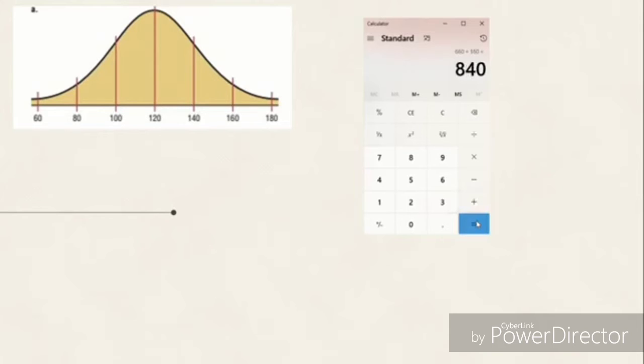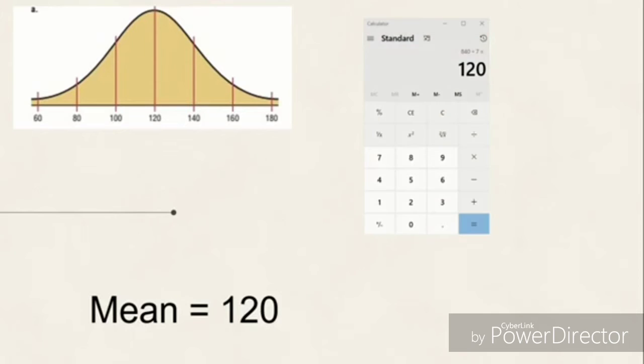So, let's divide it by 7. 840 divided by 7 is equal to 120. So, that's how we get the mean of the given data. Our mean here is 120.